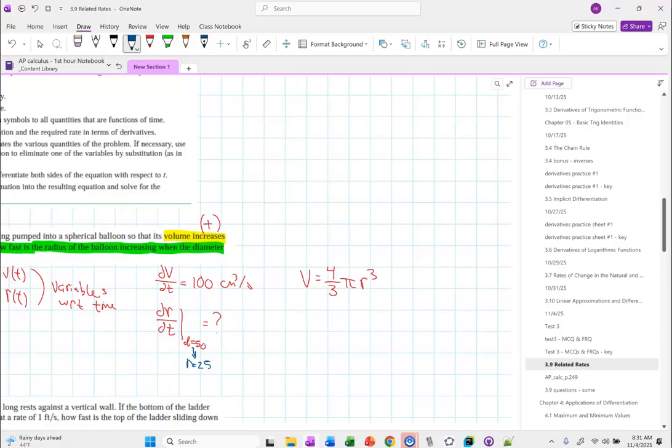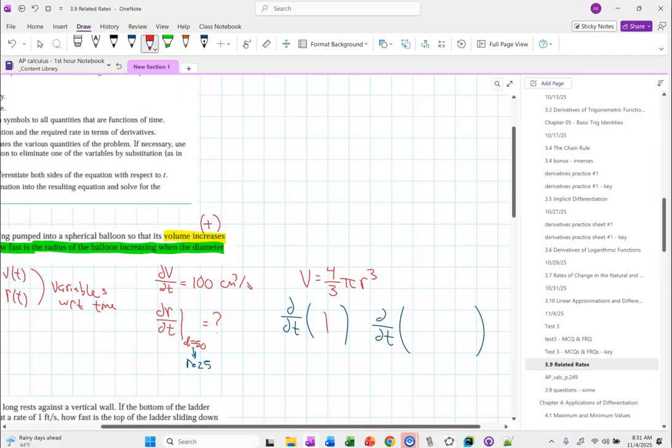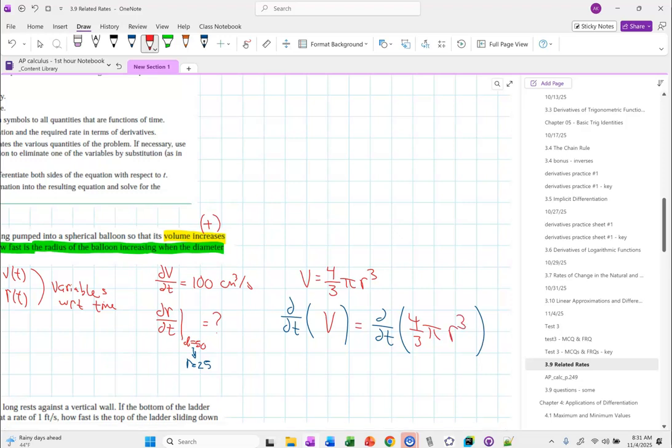So I'm basically doing an implicit differentiation on this equation. Is everybody okay with what I've written there?